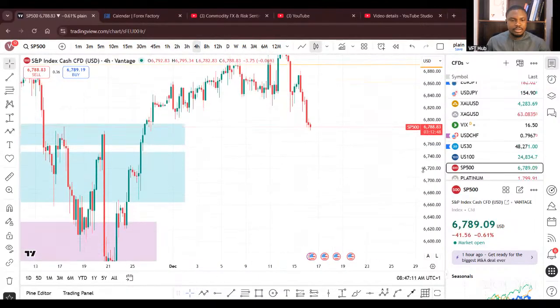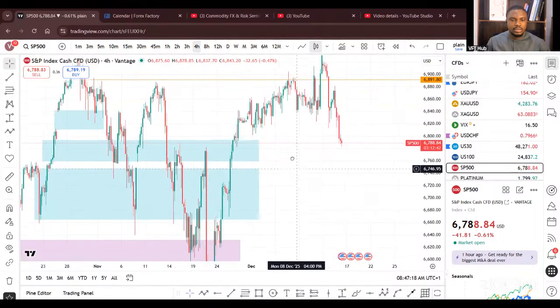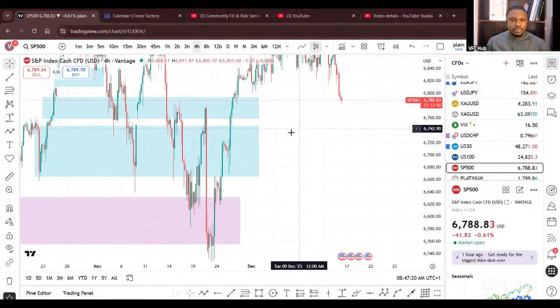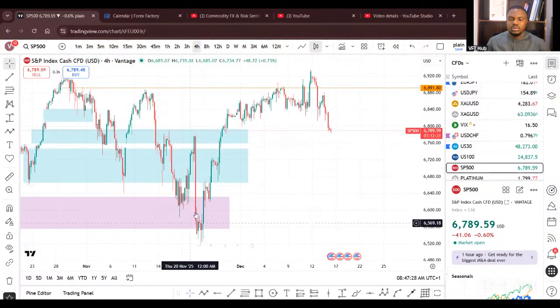The 4-hour time frame is going to give us heads up into what to expect, right? S&P 500 has this fair value gap here, but it might not hold significantly. Then I'm looking at this zone for price to sell into, from which we can start expecting more push to the upside, right?